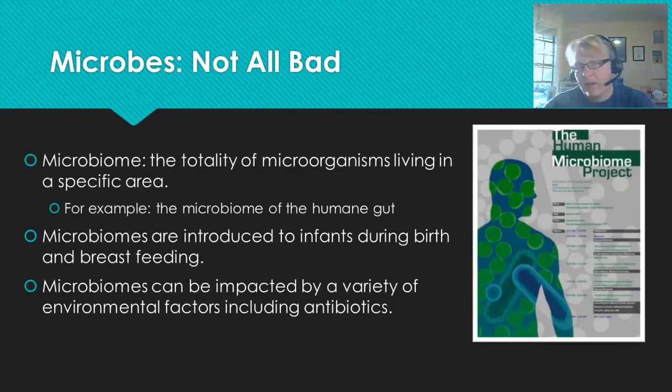Lastly, I want to talk about the microbiome. This is becoming a very hot topic in research. Researchers are just now beginning to understand how critical it is that our microbiome, which is the totality of the organisms within an area, that means all the variety of organisms and the quantity of each, is very important, such as the microbiome of the human gut.